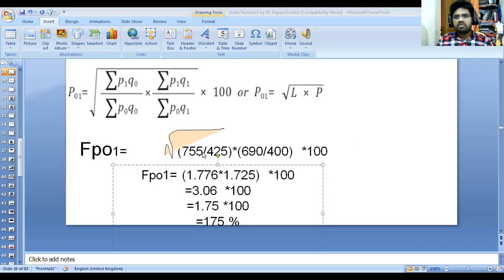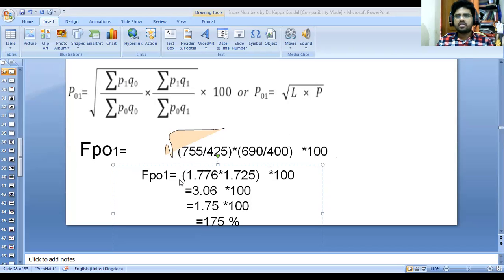So please write in your notes, I'm repeating again. See here, you should write it as under root like this: 755 divided by 425 into 690 by 400, under root up to this one only, so into 100.